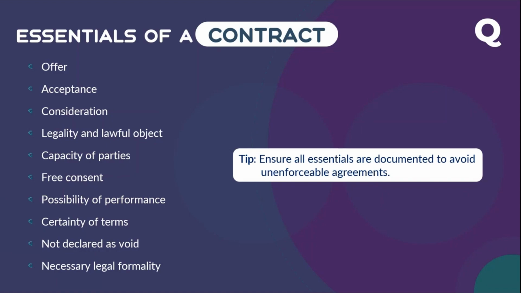Then free consent. A contract should be formed with free consent. Sometimes in tenders, we include a form called a free consent form, to ensure that the tenderer submits their proposal without any force, influence or threatening. Now, possible to perform: the contract you're preparing should be possible to perform.